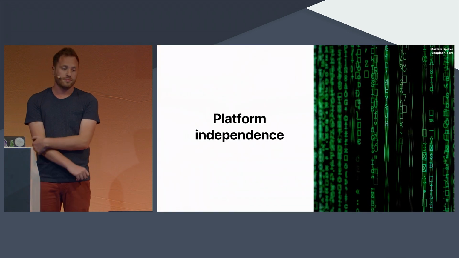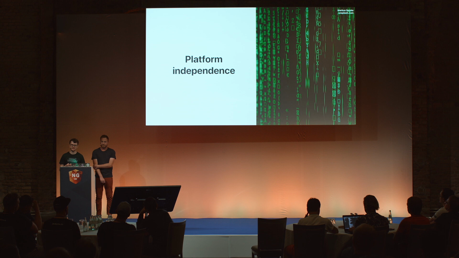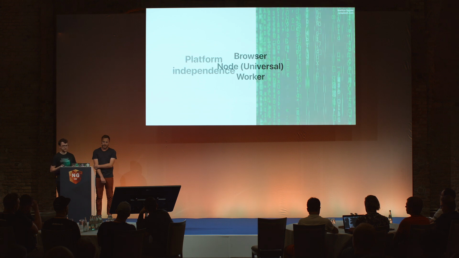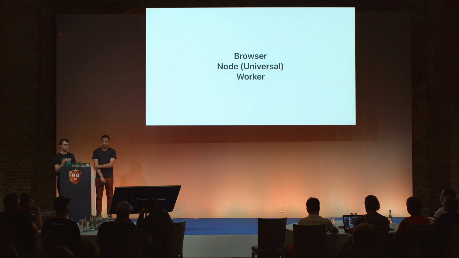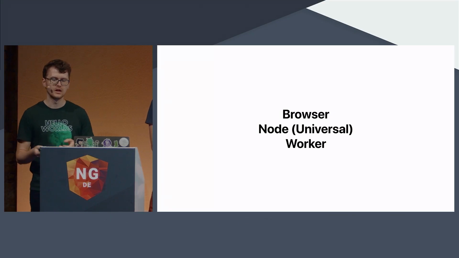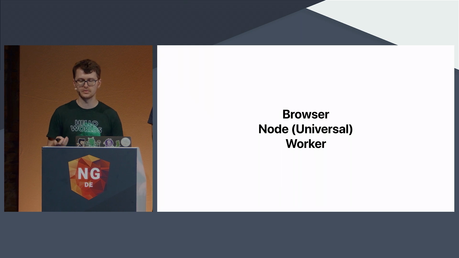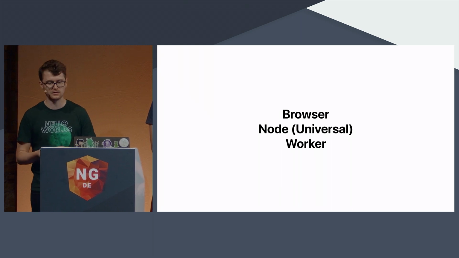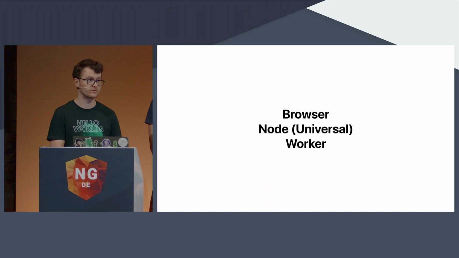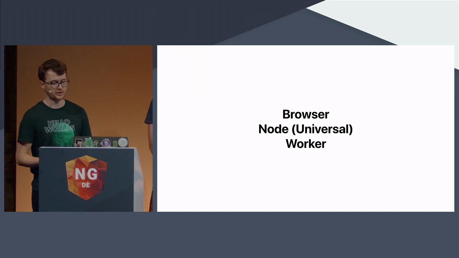Another thing that we try to do with the component library is to build it platform independent. As a developer of your component library, you don't know where your components might be used. They are probably going to be rendered in the browser, but they might also be used in a Node.js environment for universal rendering on the server, or even a worker.